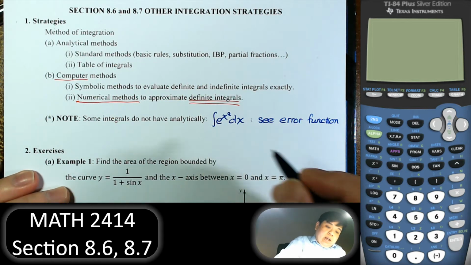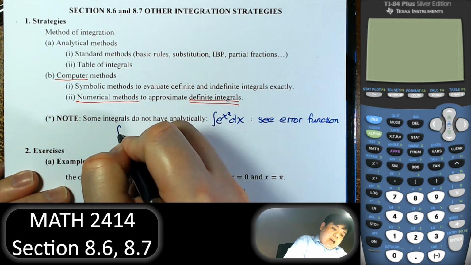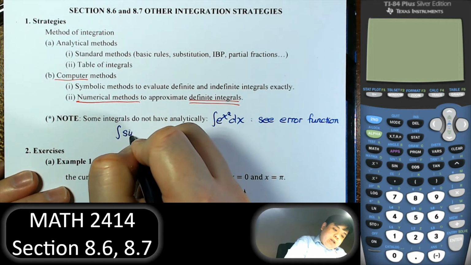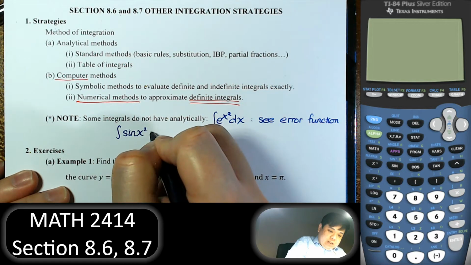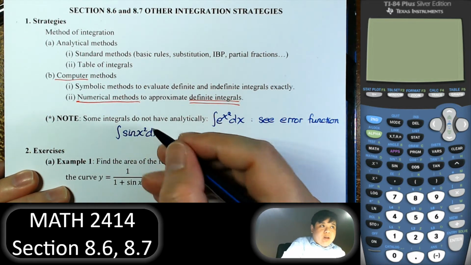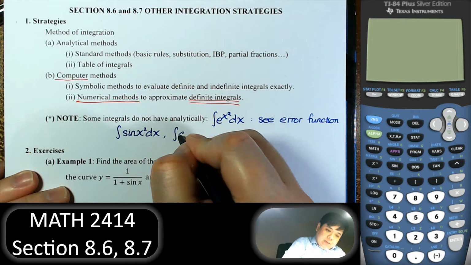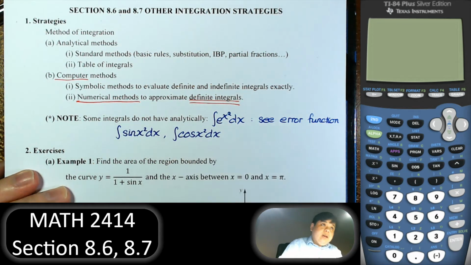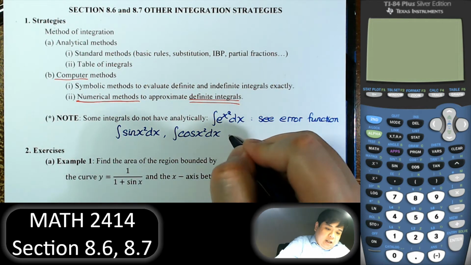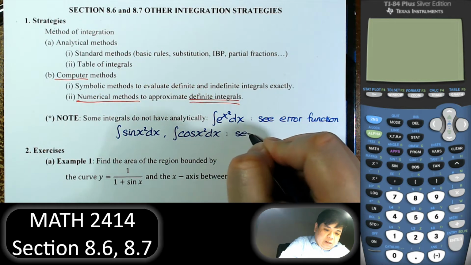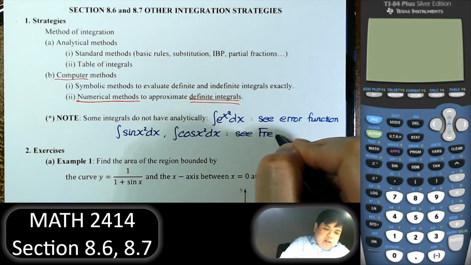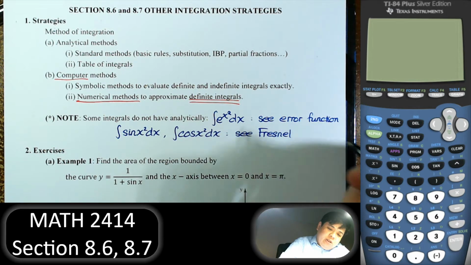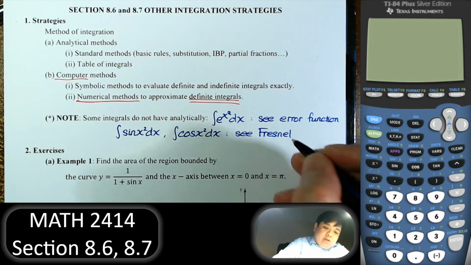Also, we cannot integrate that, and likewise we cannot integrate sine of x squared or cosine. And this, I think I spelled this right, is the Fresnel sine or cosine integral.